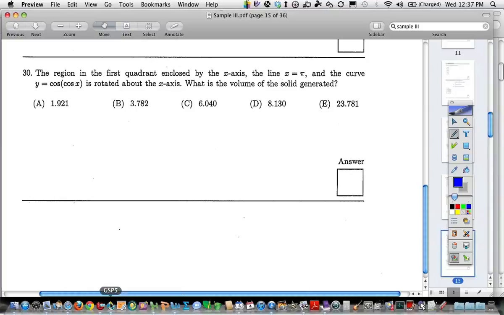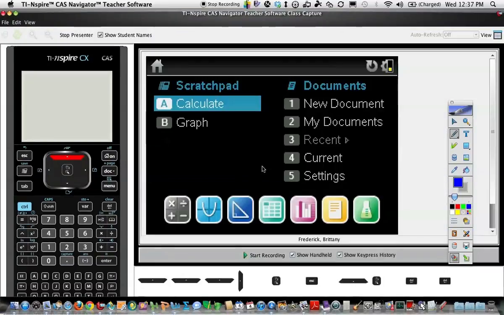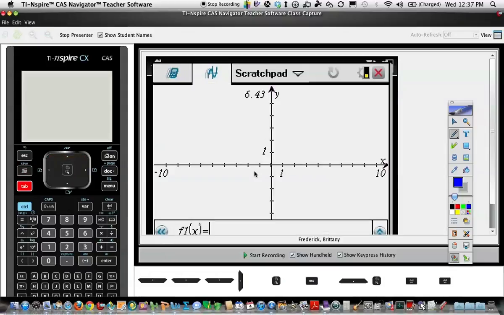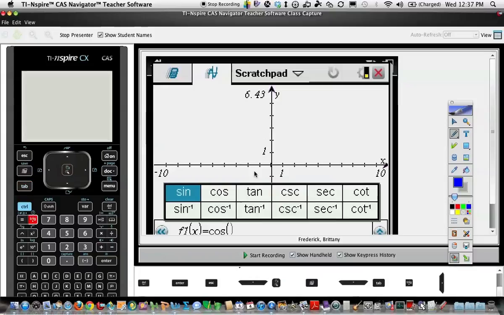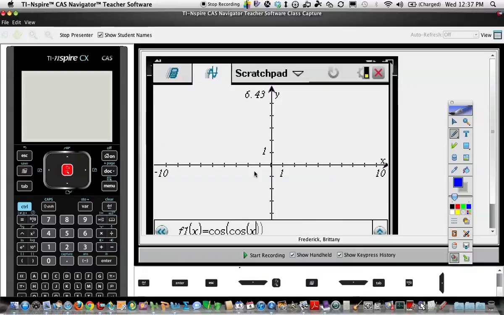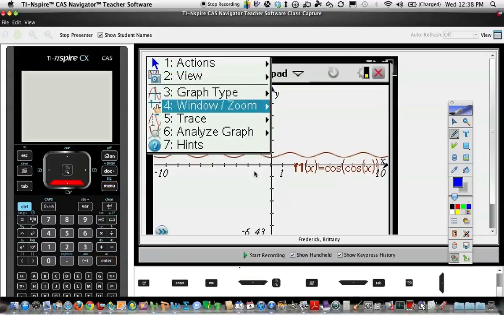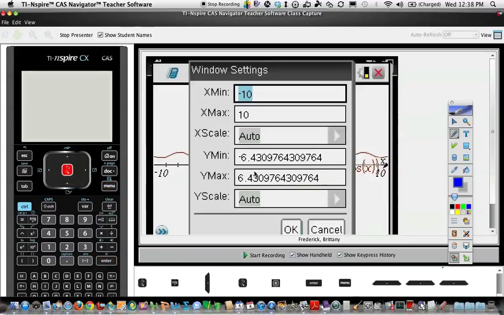So, Brittany and everybody else on your calculators, okay, go in the graph screen and graph cosine of x. Let's do our window settings from 0 to pi because that was the vertical line. X equals pi was one of our boundaries.